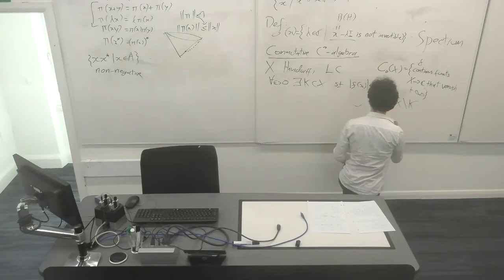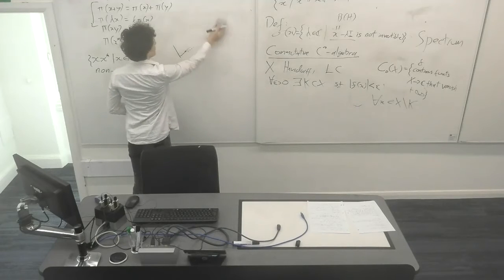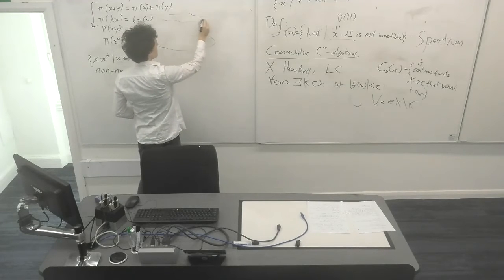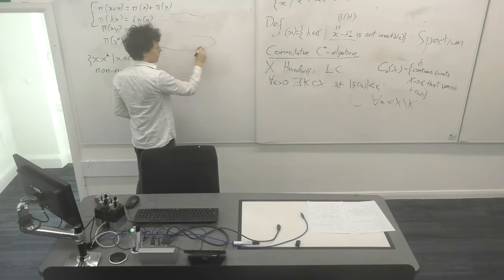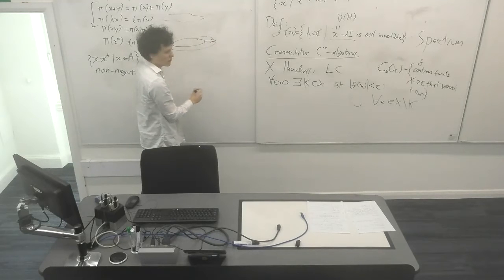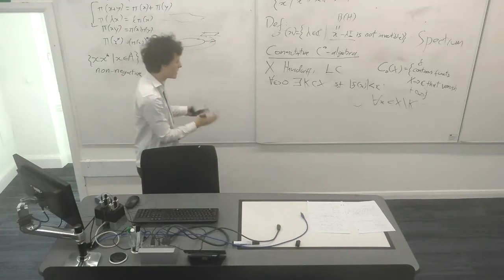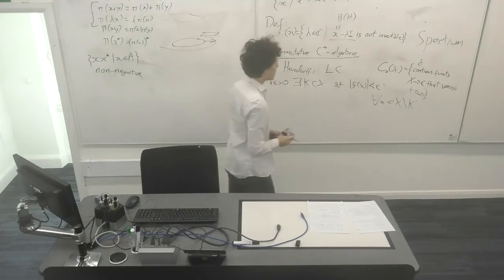So you've got your space and a function on your space, and for every epsilon, you can create a large enough compact set such that outside of it, the function is below that bound. It's a weird way of thinking about vanishing at infinity, but this is what it means.